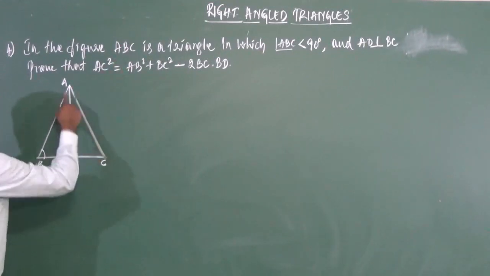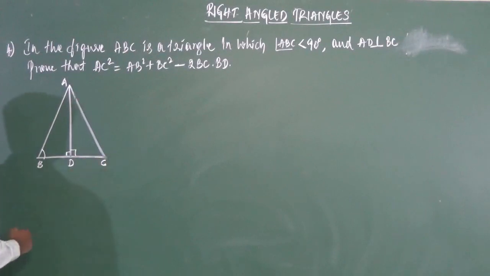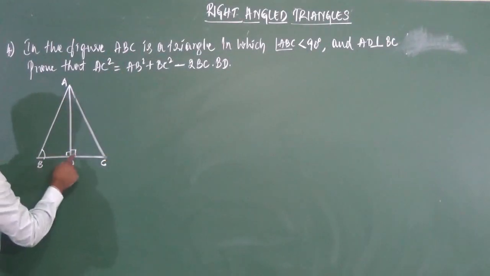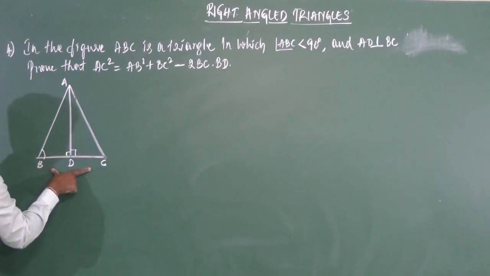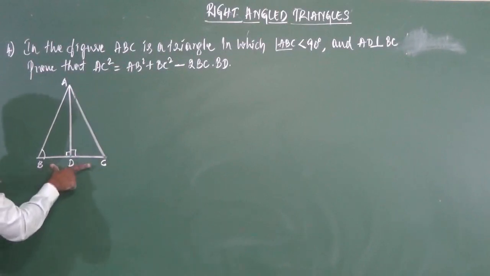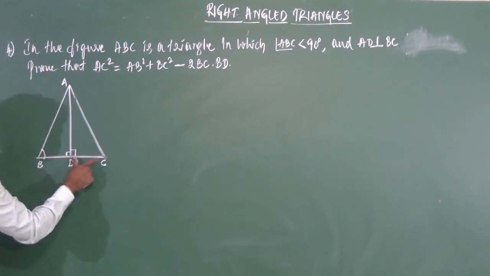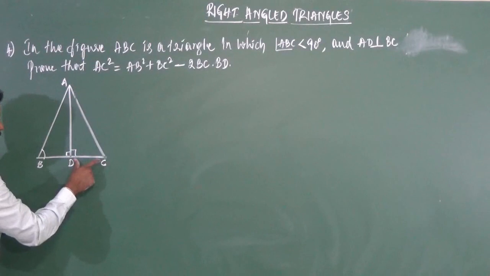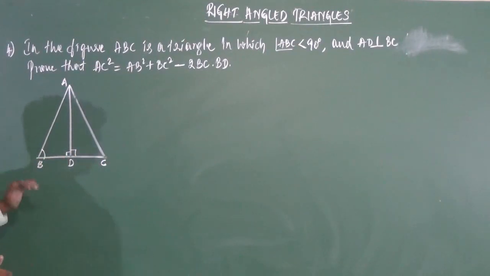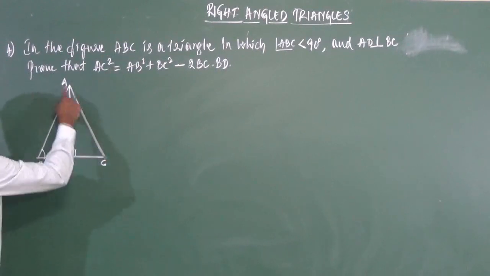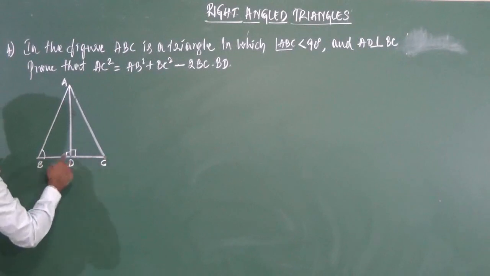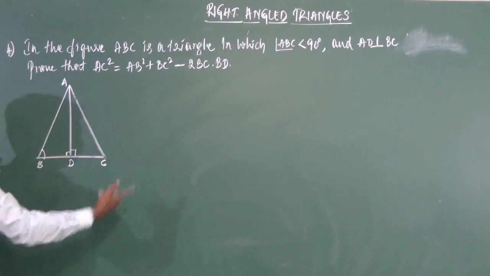AC square is equal to AD square plus DC square. DC can be written as BC minus BD. That's the thing here. Instead of DC square, take it as (BC minus BD) whole square. So AC square is equal to AD square plus (BC minus BD) whole square.